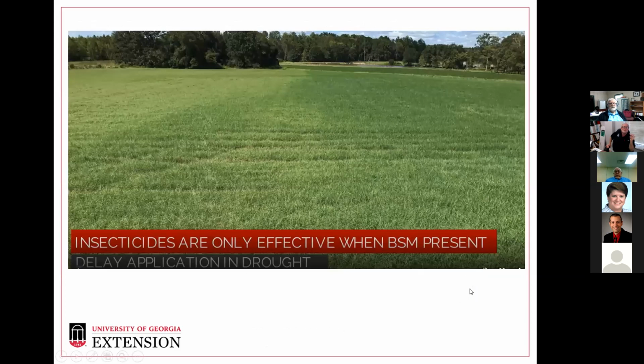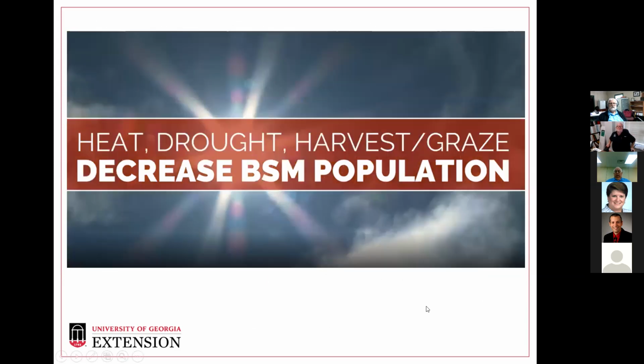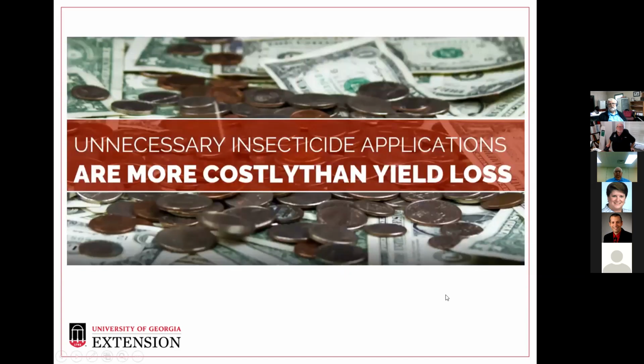Insecticides are only effective when the fly is present. So in times of drought, delay application. Humidity, rainfall, and undergrazing will increase the population; heat, drought, and harvest or grazing decrease the population.